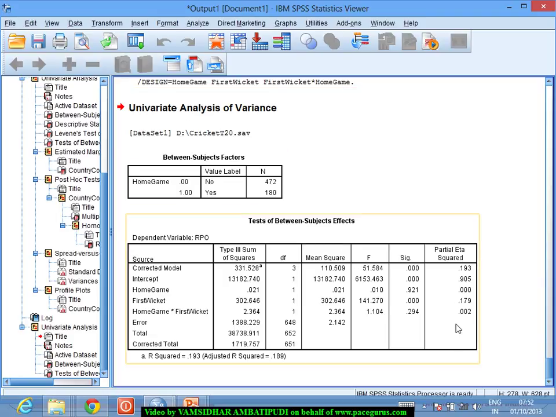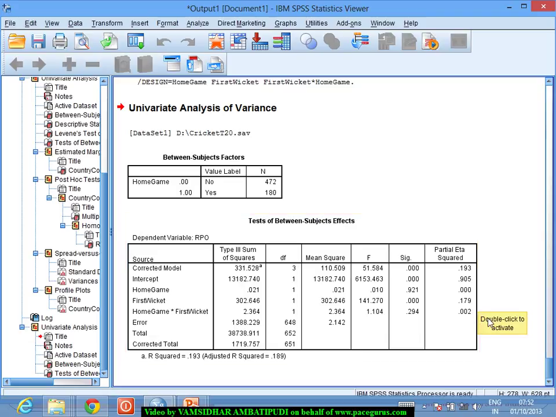Even if we see it the other way, look at the partial eta squared, which talks about the proportion of influence each term is having on the dependent variable, to what extent each of these terms in isolation is able to explain the variance in the dependent variable. For the interaction it's almost close to zero, so a negligible amount is contributed by the interaction, so we can eliminate it.